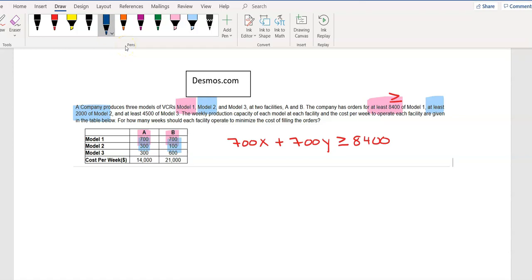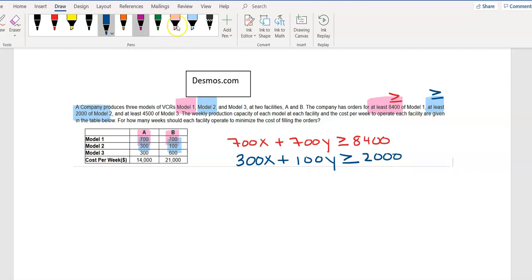So the equation for Model 2 would be 300x plus 100y is greater than or equal to, so once again we have that greater than or equal to inequality, and then our value of 2,000.